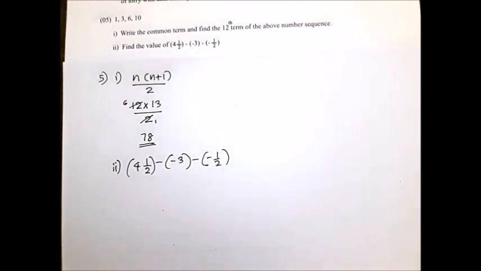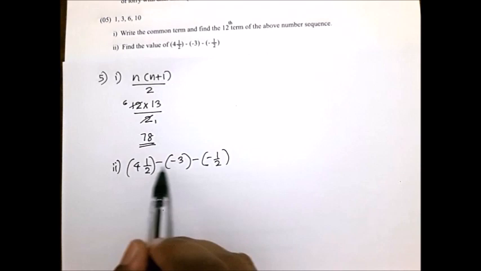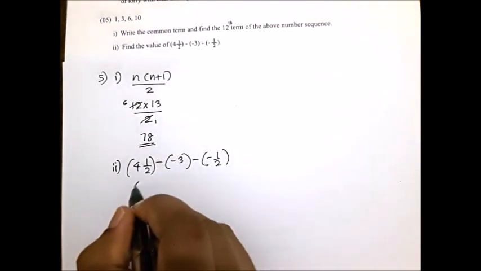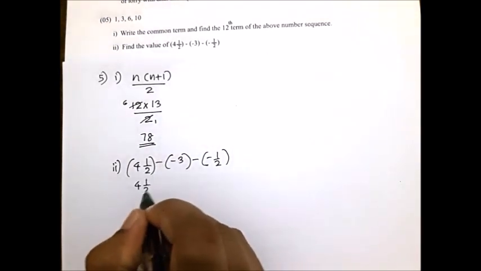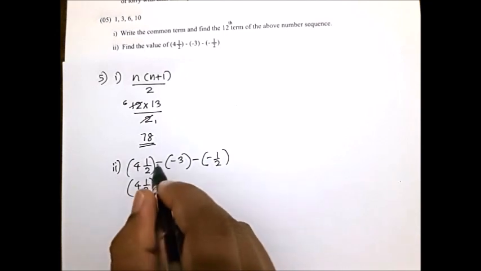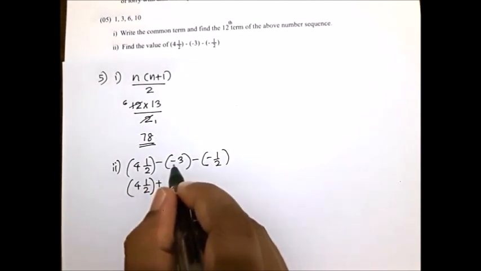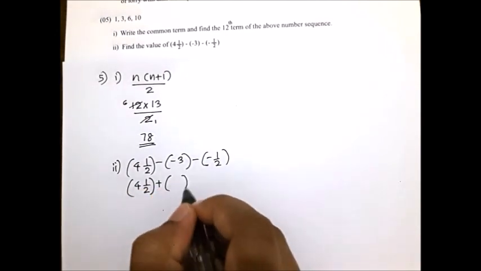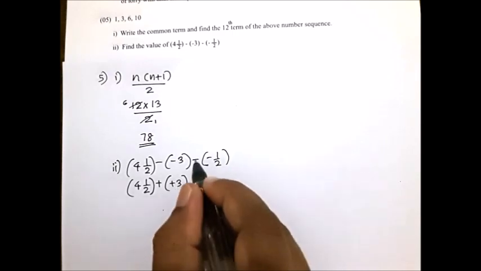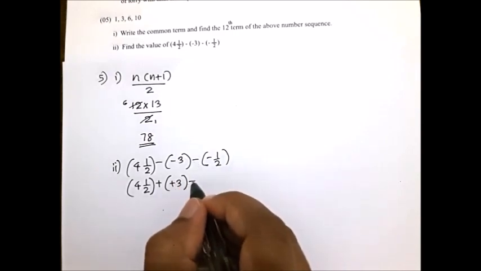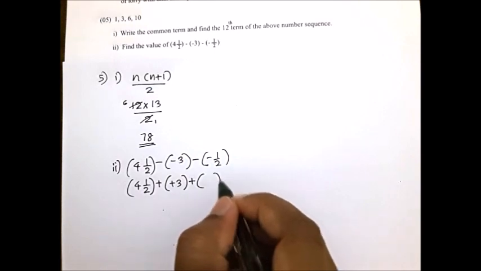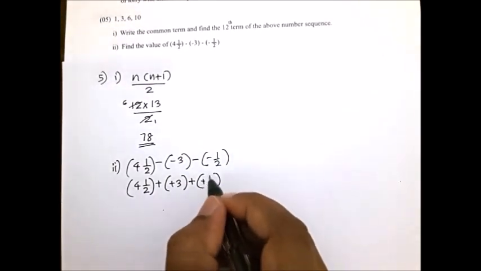Second part, find the value. Here is subtraction of directed numbers. First convert it into addition and take the additive inverse of the second number. It is plus 3. Then again subtraction, convert into addition and take the additive inverse of this number. It is plus half.